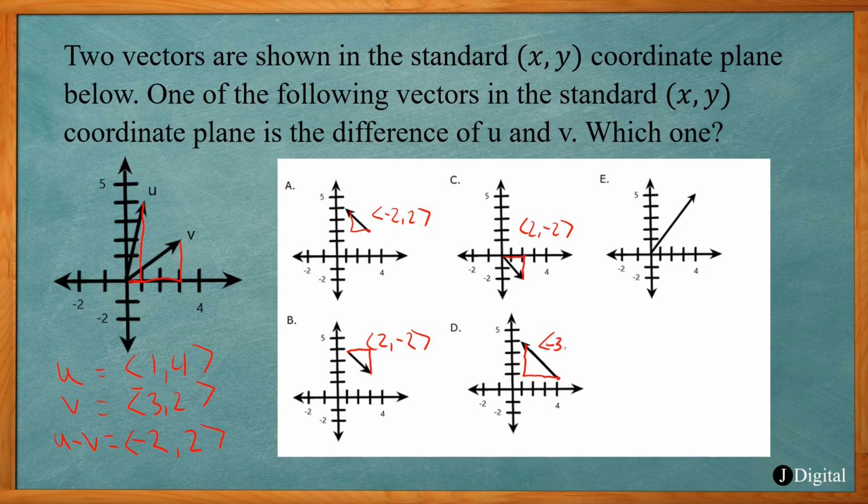Actually, negative 3 and positive 3. E starts at the origin, goes over 1, 2, 3, 4, and 5 up. So that's 4 and 5. Okay, so remember the vector, you start counting where it starts. It's not from the origin, but where the vector starts. So this one that matched our negative 2, positive 2 was choice A.